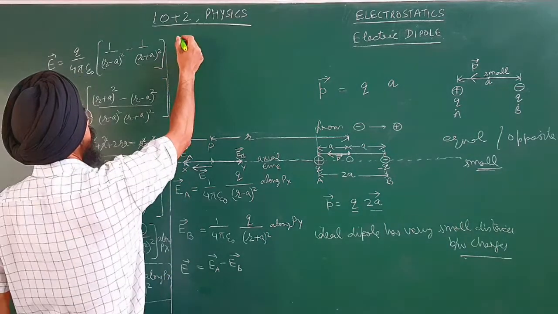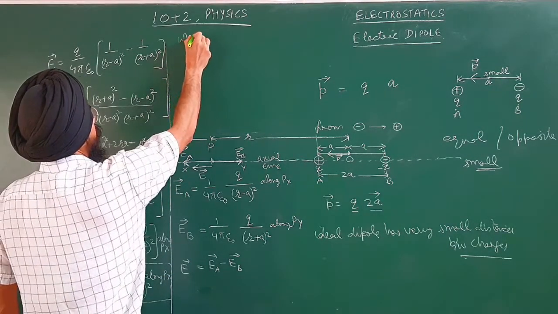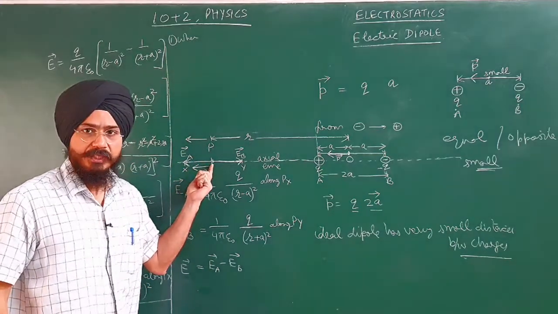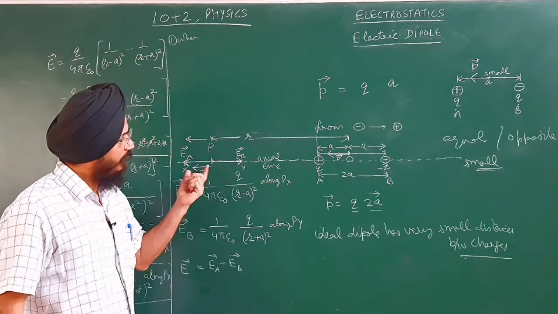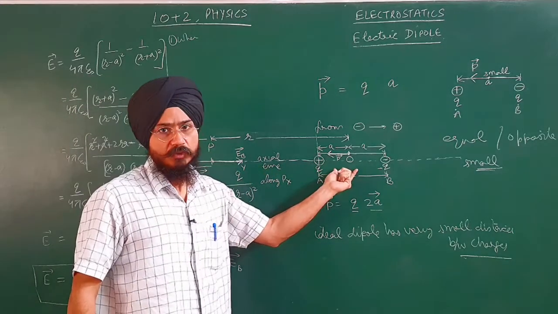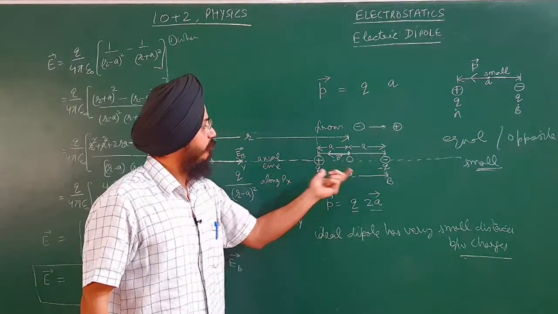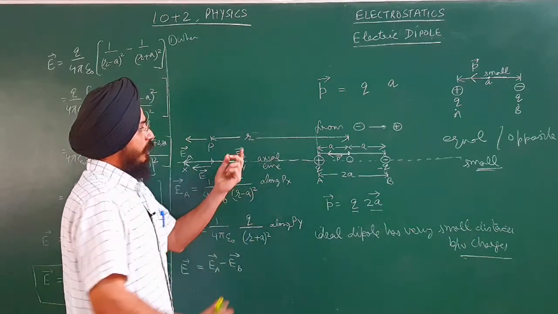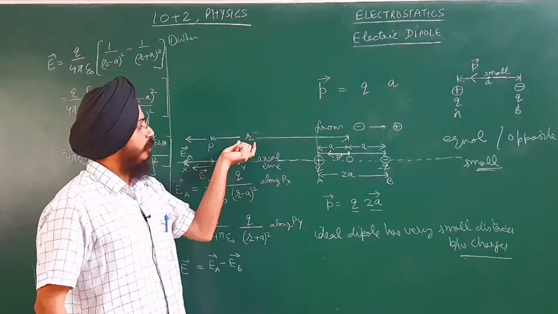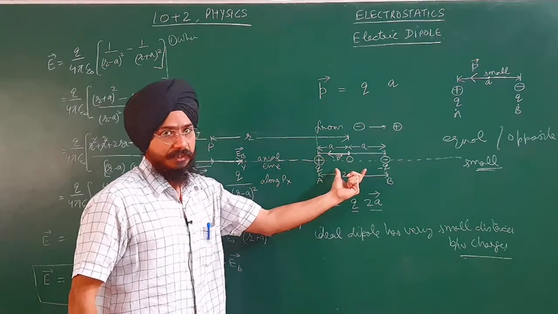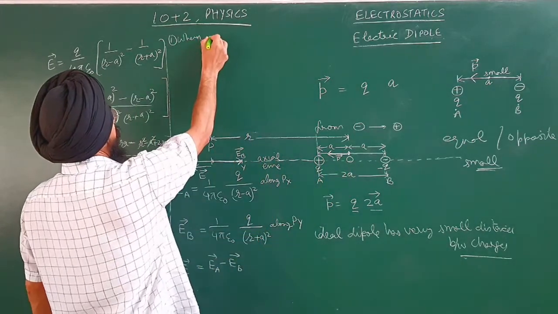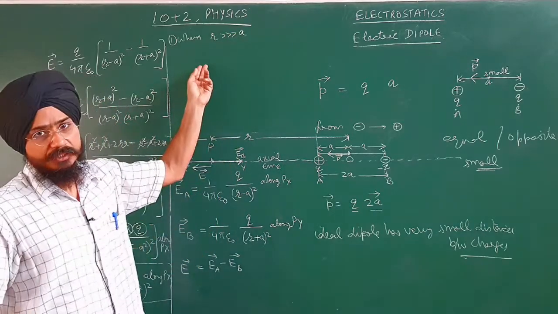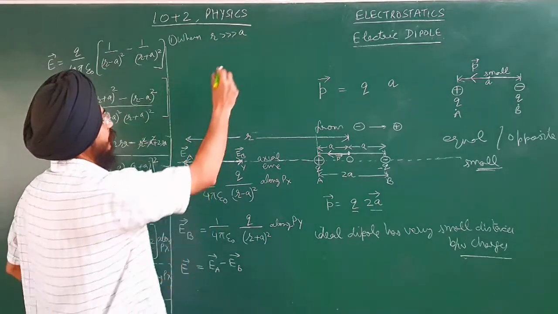The first special case is when this observation point P is very far away from our dipole, meaning thereby the observation distance r is very large compared to the dipole length. So when r is much greater than a, r square will be much greater than a square.